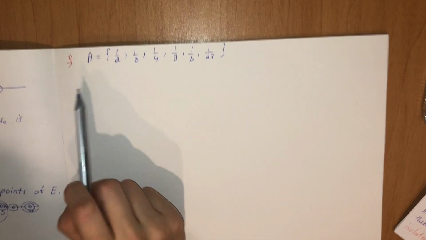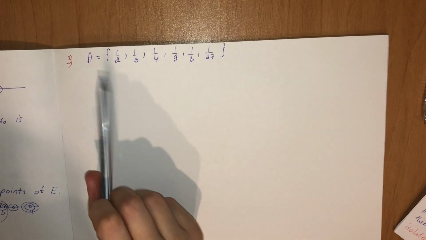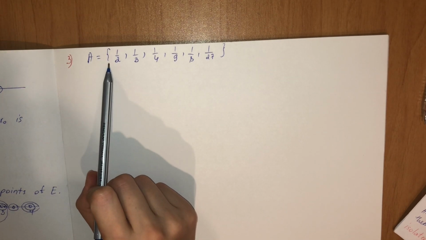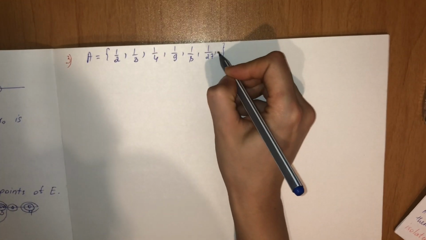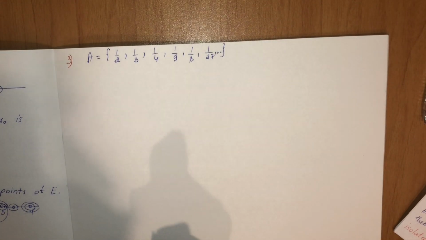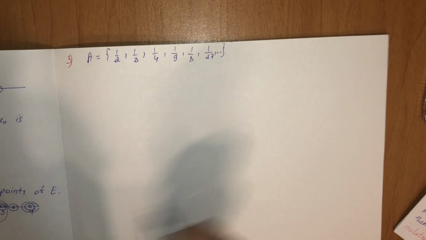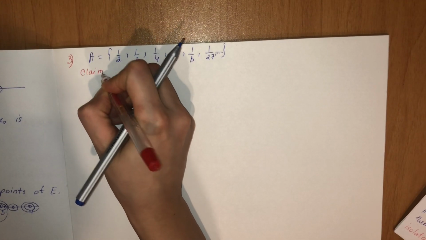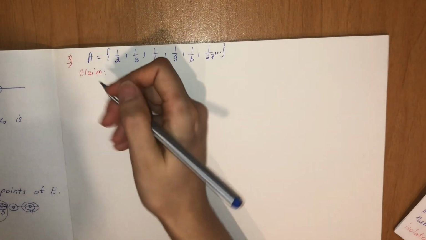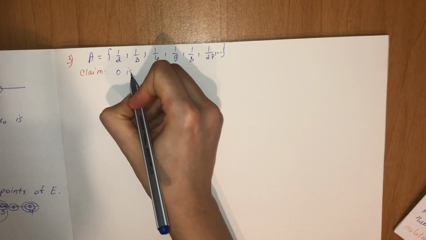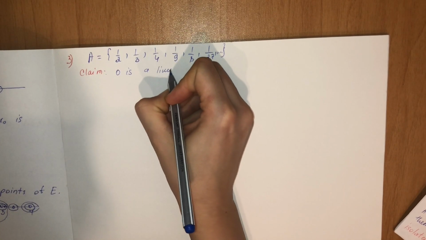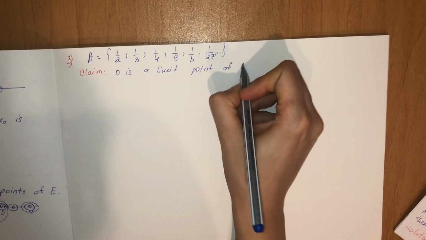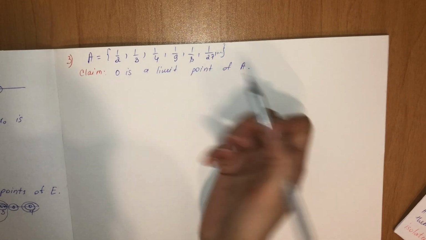Here is our next question. This is the set A, and this continues. The claim is that we should show that 0 is a limit point of A. Yes or no?